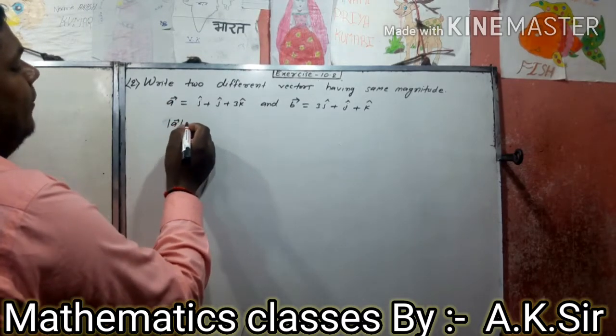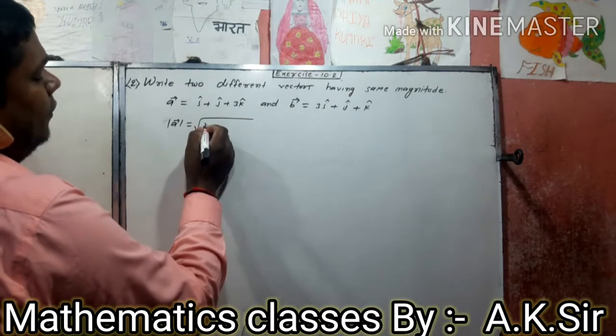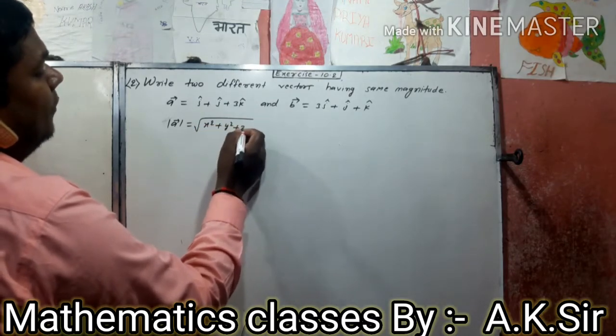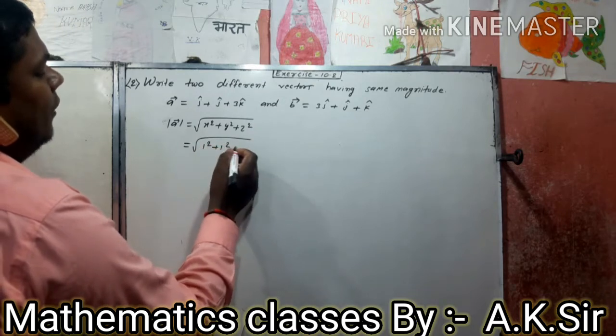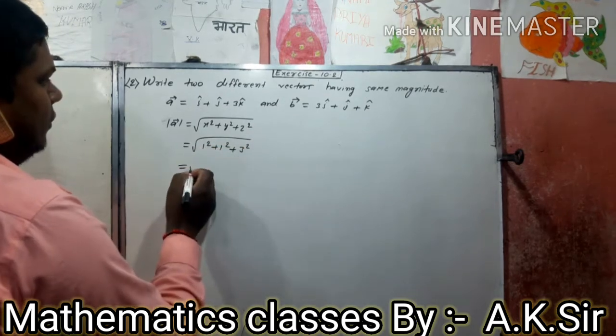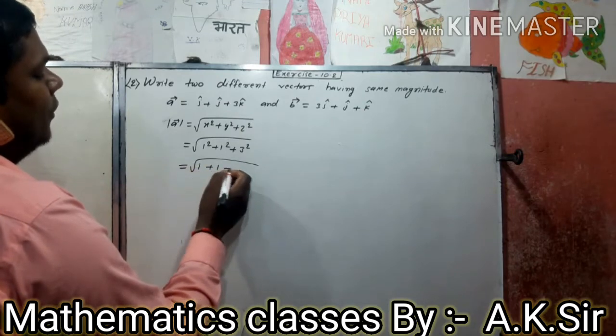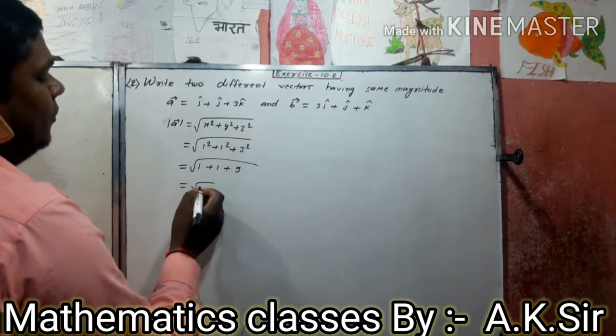Magnitude of a vector is equal to under root x square plus y square plus z square, equal to under root 1 square plus 1 square plus 3 square, equal to under root 1 plus 1 plus 9, equal to under root 11.